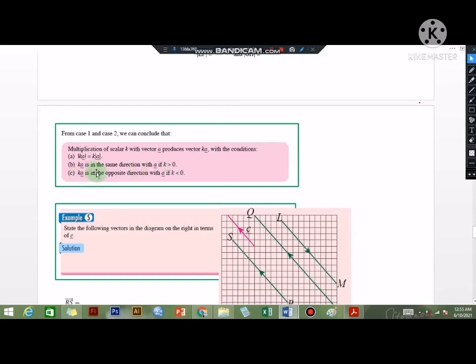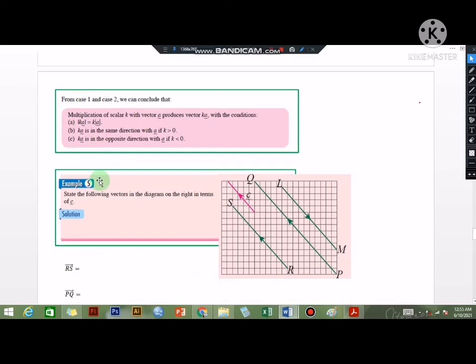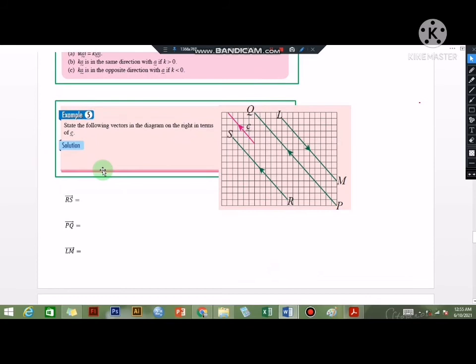Three: kA is in the opposite direction to A if k is less than 0. Remember this condition.